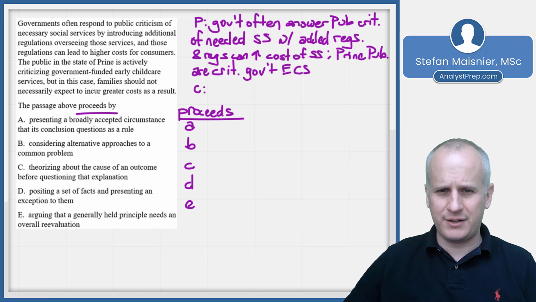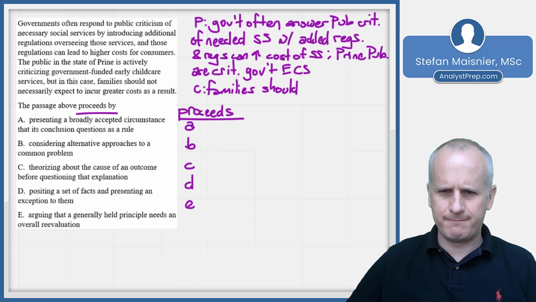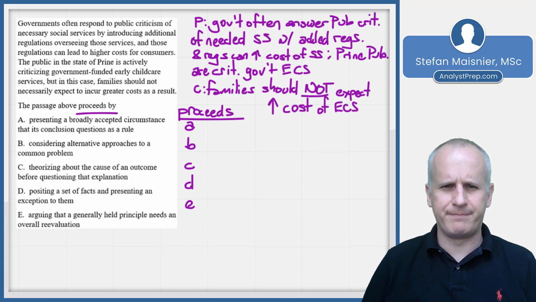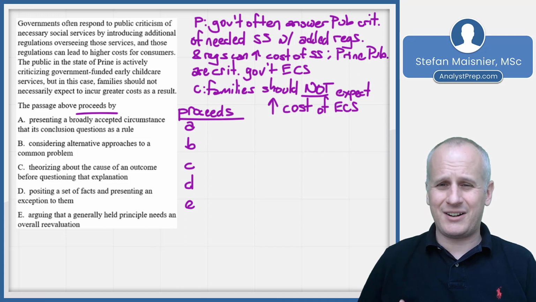So the conclusion is that families should not expect an increase in the cost of the early child care services. So we've got our prediction, and it's just the diagram.